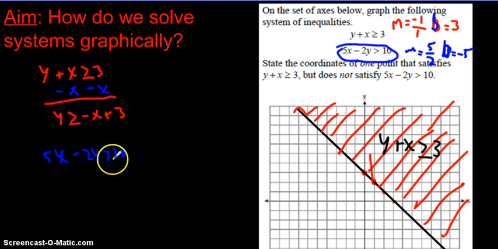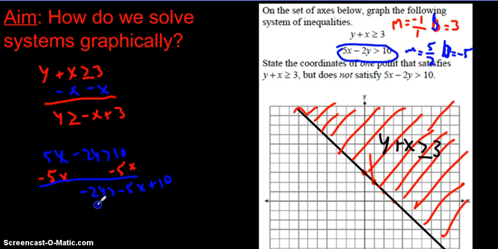Now I actually do need to solve this one using slope-intercept form because it's an inequality, and it looks like that golden rule we've mentioned before is going to come up. Because the golden rule is going to come up, I'm not sure which side the inequality will face in the end. So that's negative 2y is greater than negative 5x plus 10.